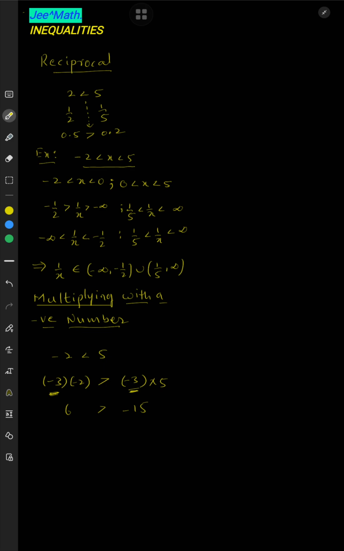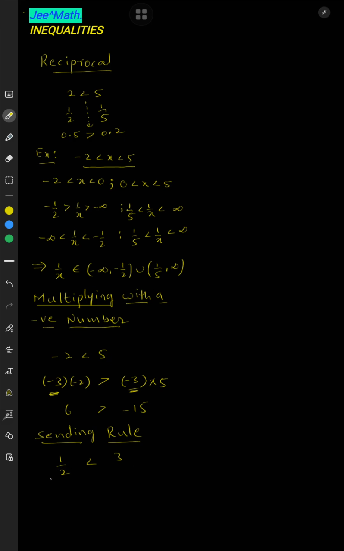Next, sending rules. For example, 1 by 2 is less than 3 by 2, or 3, suppose.